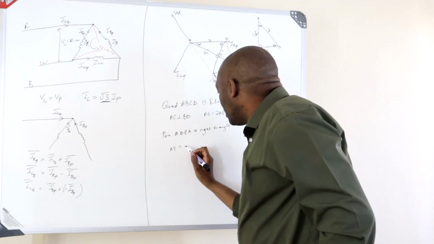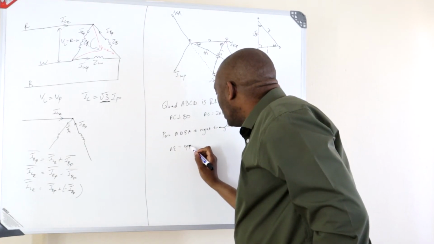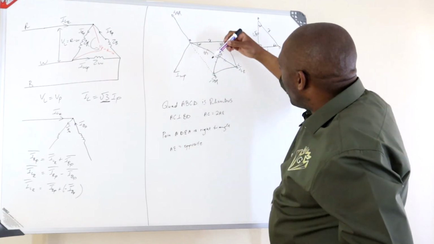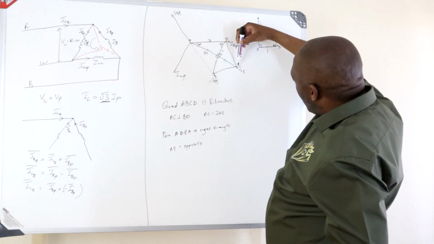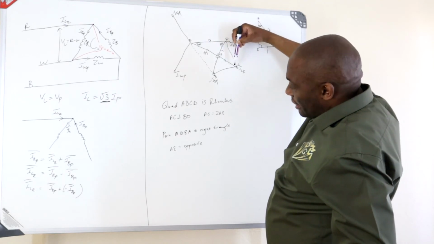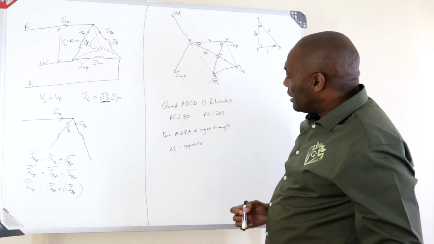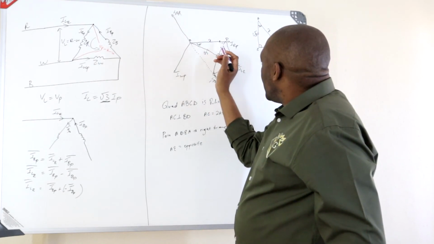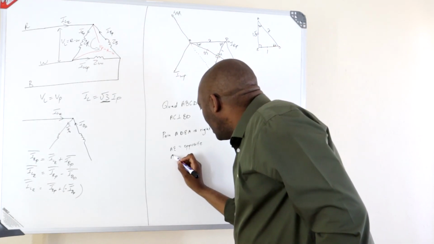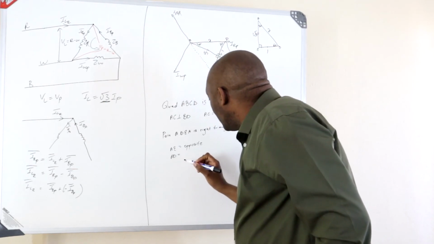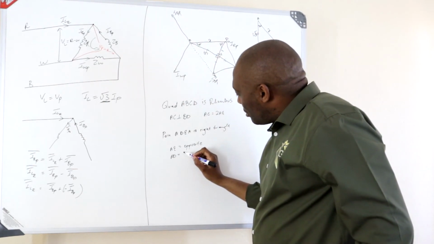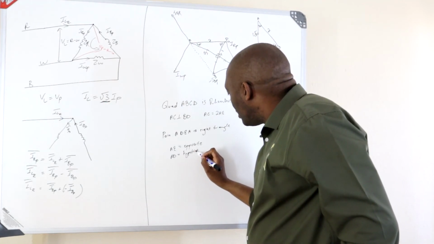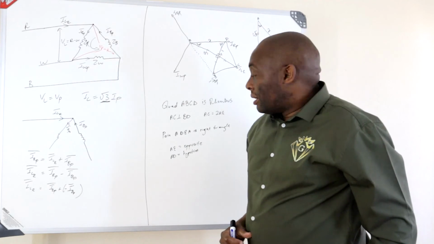is opposite to 60. So that is the line that is along my line current. That's why I'm using it in this triangle. And then AD is the hypotenuse to 60.